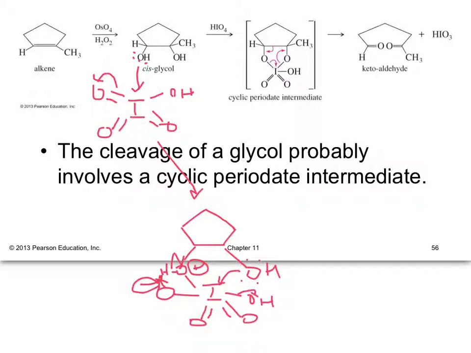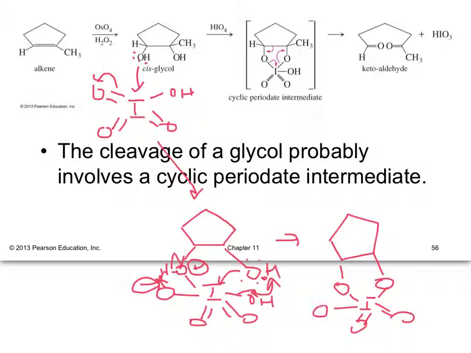Actually, this can kick this off because this can pluck off one of those protons and neutralize it. So this will generate O, iodine, double bond O here, double bond O here, and then your OH.